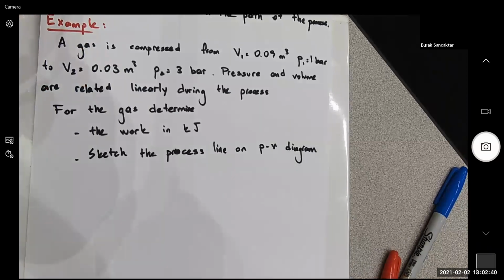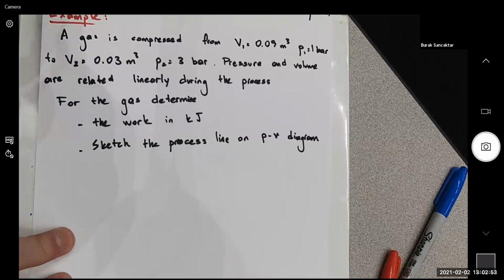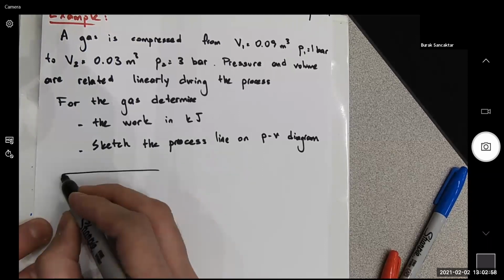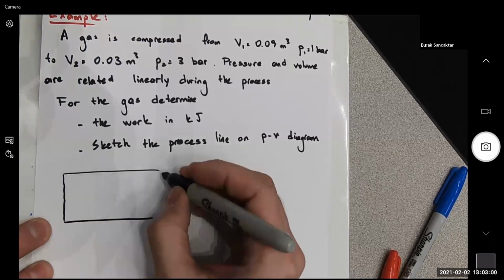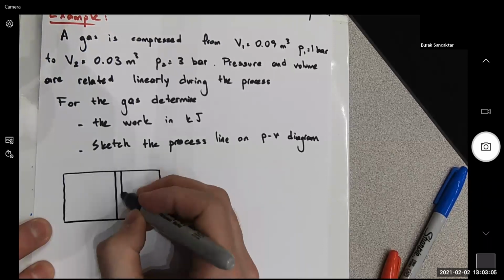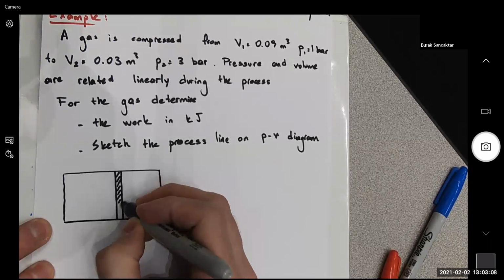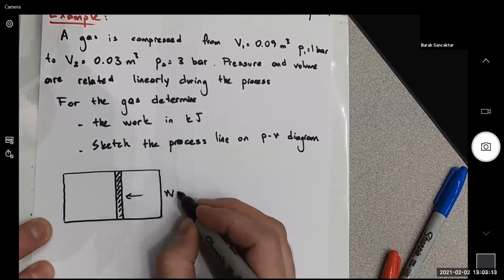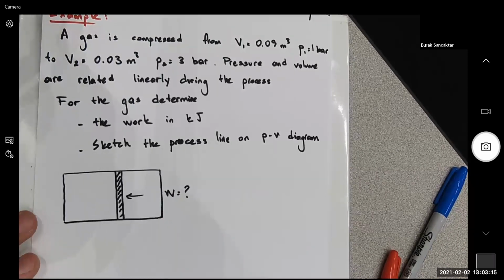Is the V1, is that 0.09 meters cube? Okay. Pressure 1 bar. In a closed system, you're trying to find what the work is.